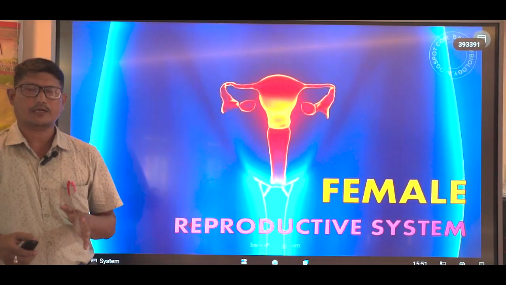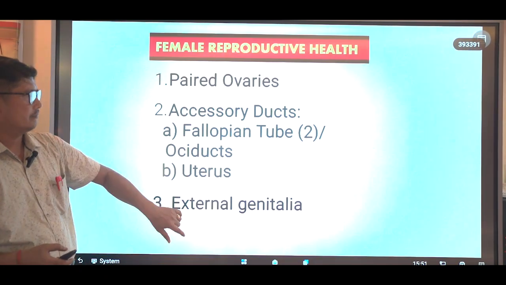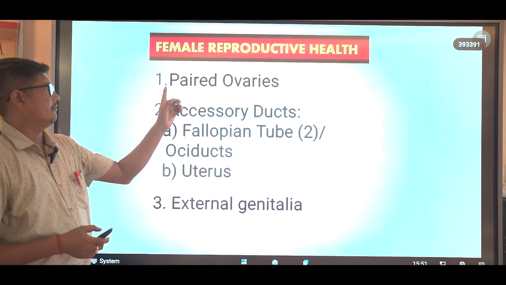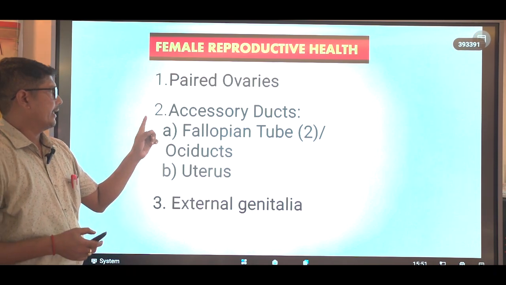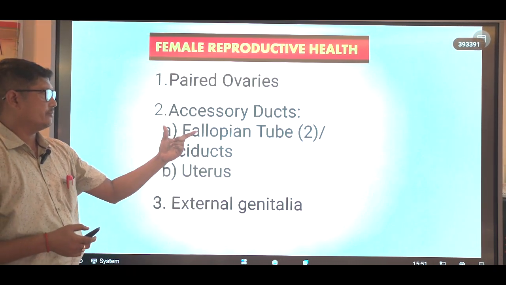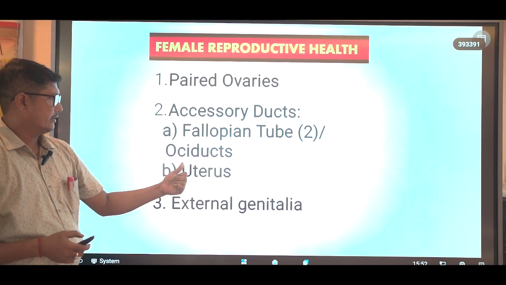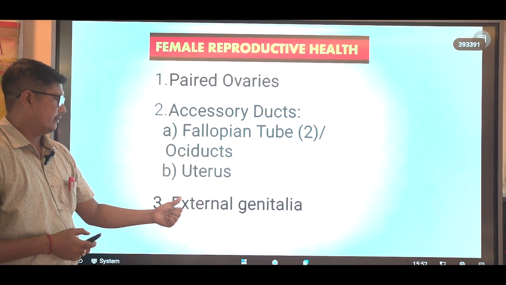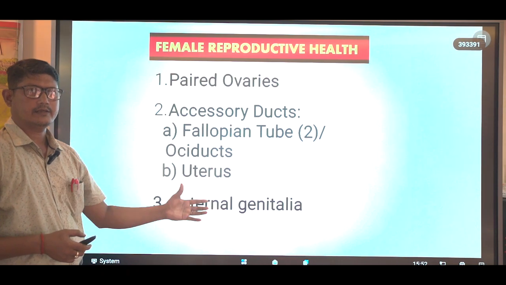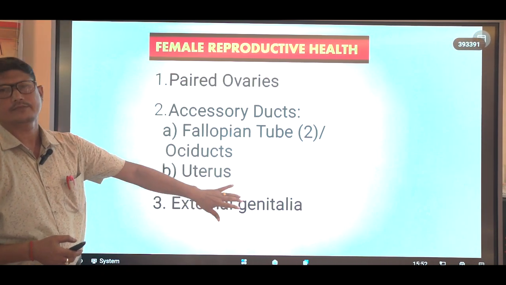The female reproductive system in humans basically consists of these parts. First of all, the paired ovaries, then accessory ducts. Under accessory ducts, we have two fallopian tubes, which are also known as the oviducts, the uterus and the external genitalia. All these things collectively compose the female reproductive system.